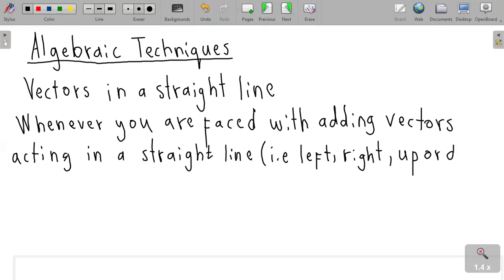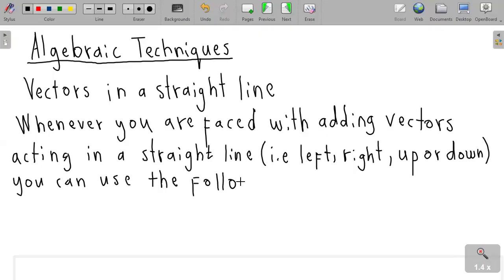So this is what we mean in a straight line. So you can use the following method.